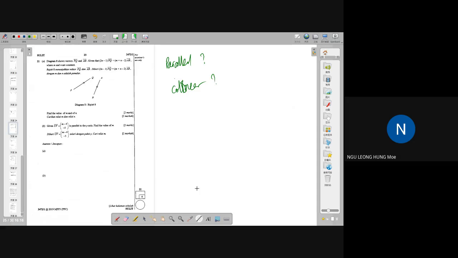Okay, let's say I have a line. This is A, this is B, this is C. And P, Q, R, S. Of course, from here we can see that PQ and RS are parallel.